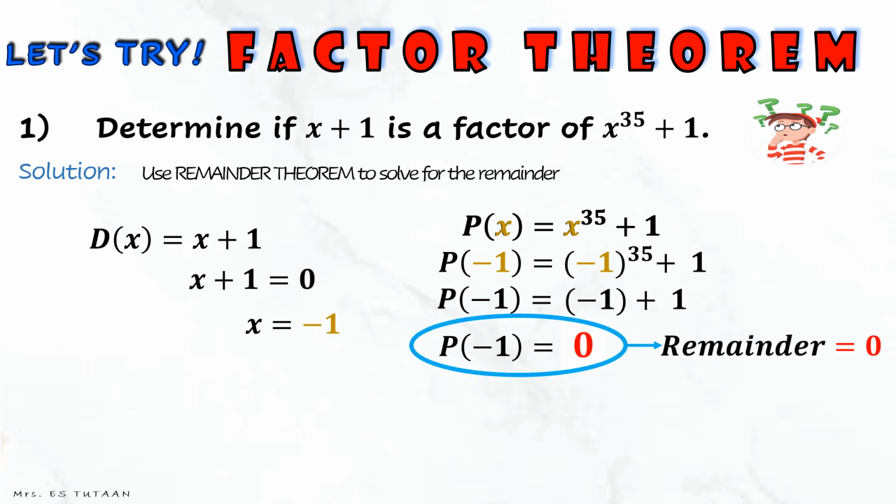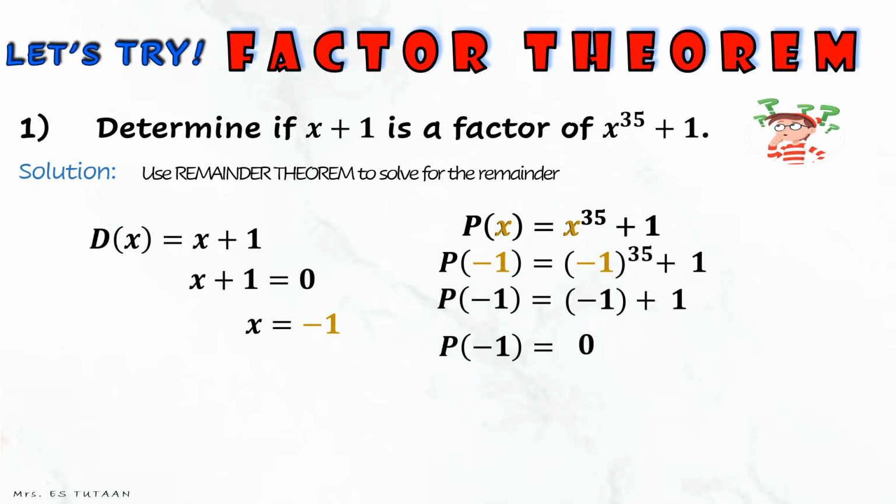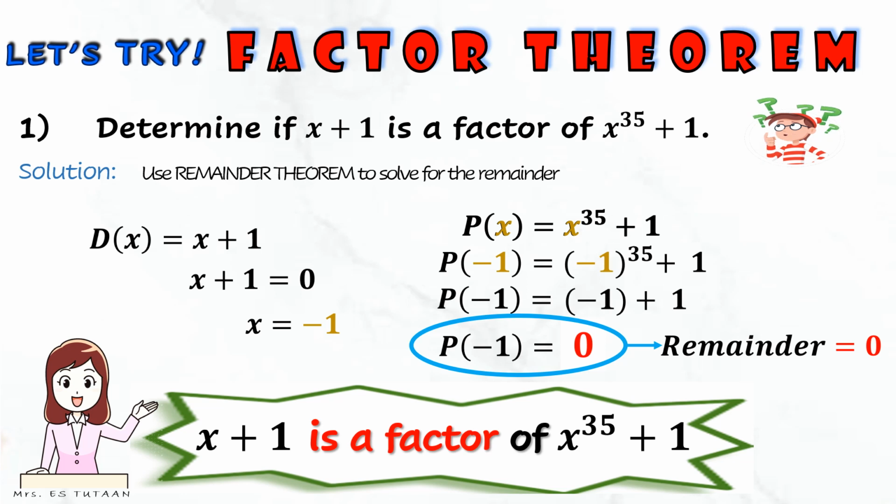Because our remainder is 0, according to the factor theorem, x plus 1 is a factor of the given polynomial x raised to the 35th plus 1. Did you follow? I hope you did.